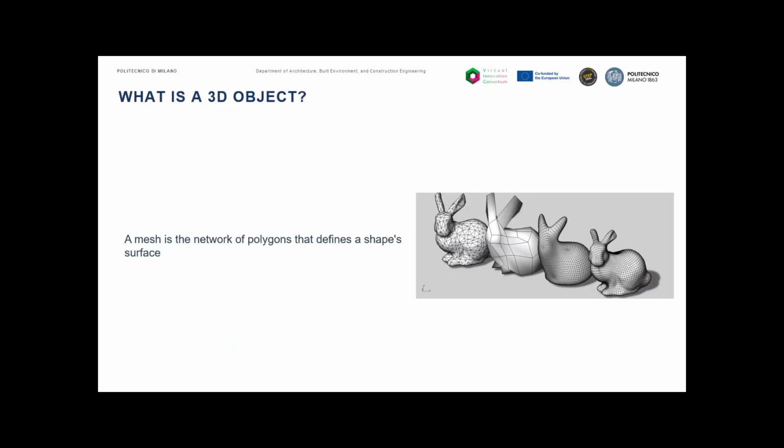A mesh is the network of polygons that defines a shape's surface, as we said. Here we can see a comparison showing the same object represented with a triangulated mesh on the left and a quad dominated mesh on the right. They have different use scenarios.